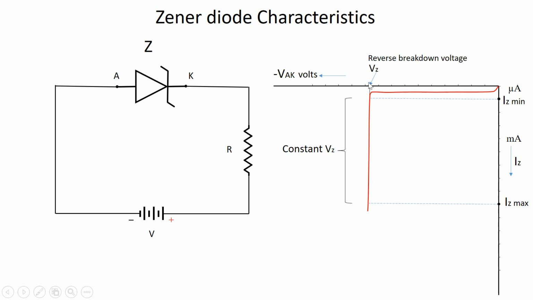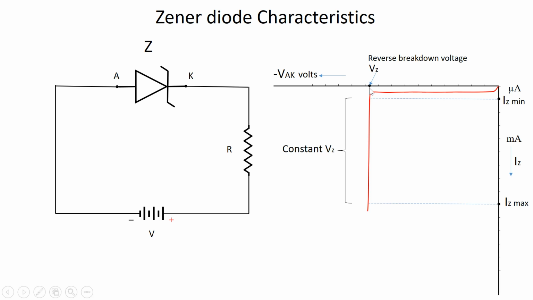The only change is that at Vz, which was earlier called the VBR, the reverse breakdown voltage for a conventional diode, it is named the Zener voltage.